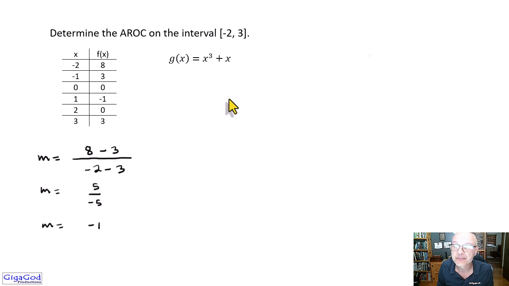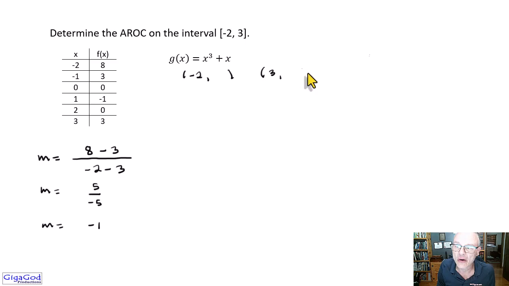Easy peasy. Okay, now when it's in function form like g of x, this is not as easy because we don't have the y values readily available like we did in the table. We have to calculate them. So we are given 2 x values.